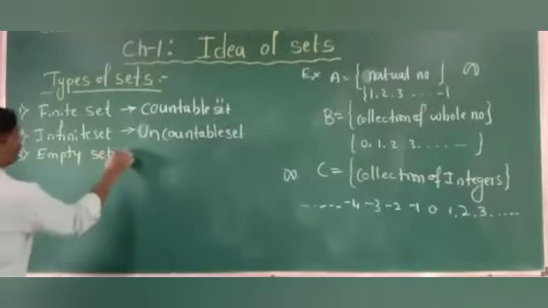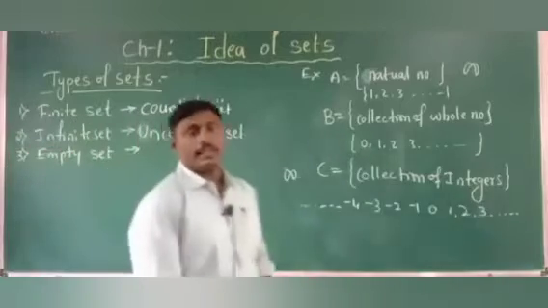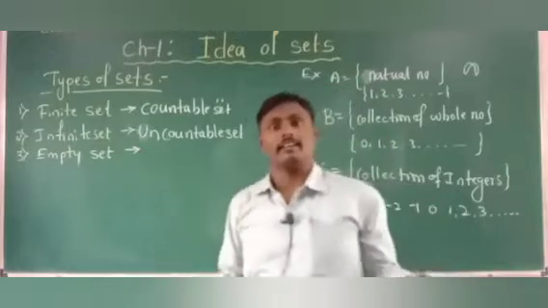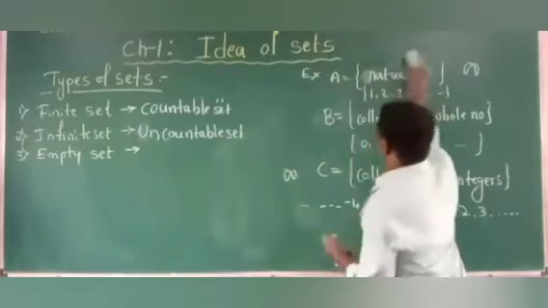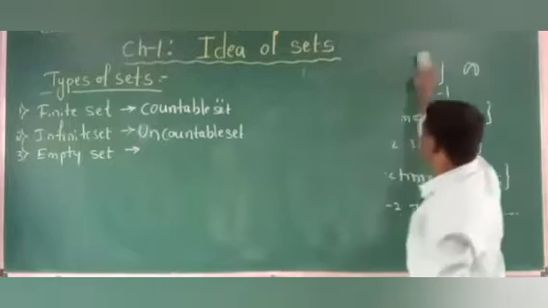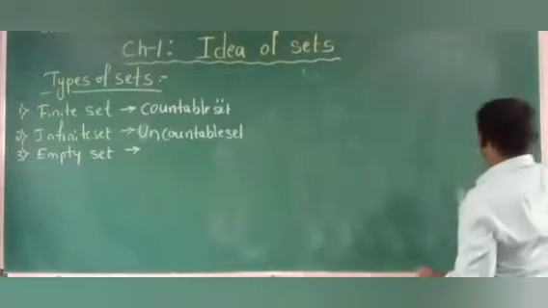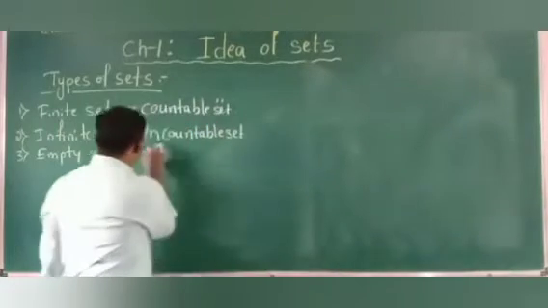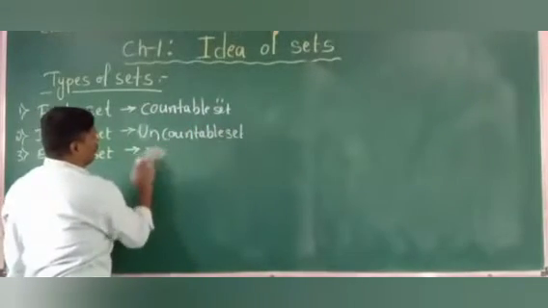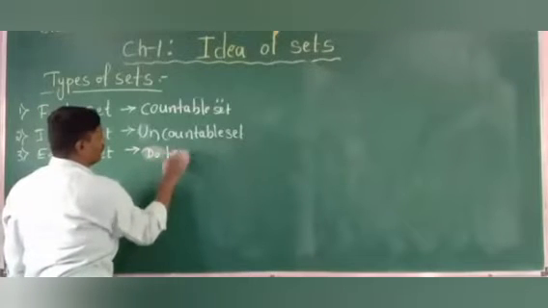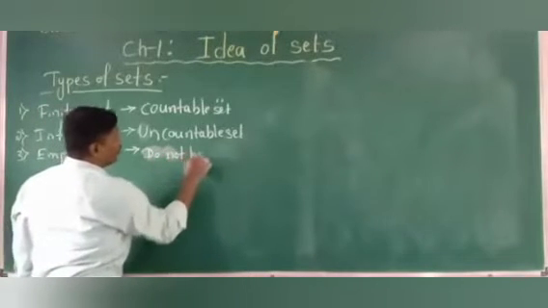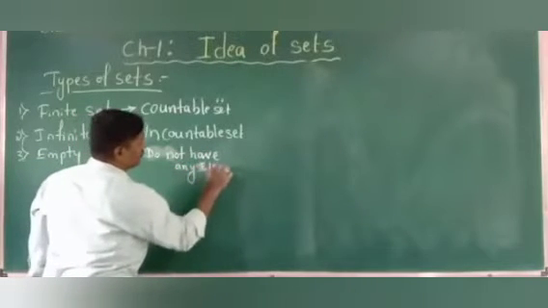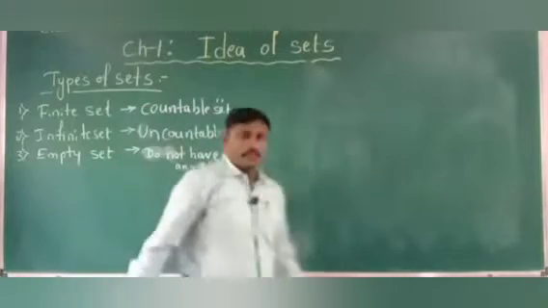Okay. Next, see the third one, that is empty set. So empty set means what? The name itself says, empty means what? There will be nothing. So empty set means if a set does not have any element, then that type of set is called an empty set.